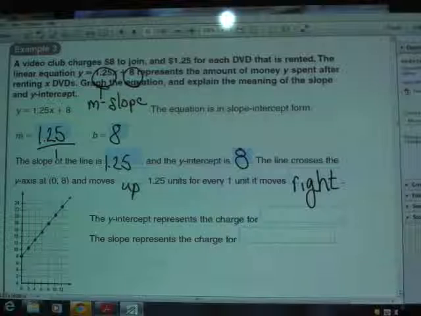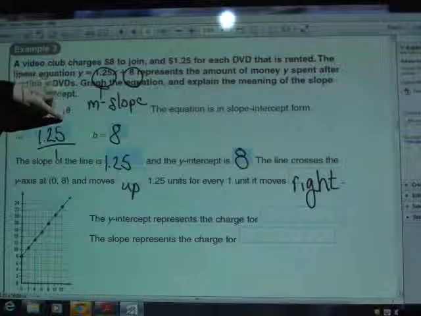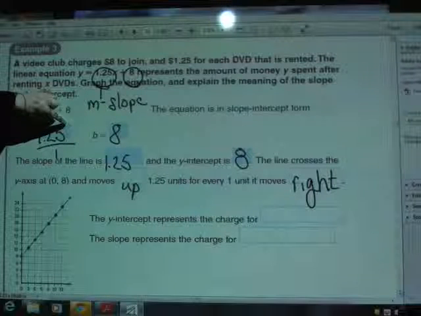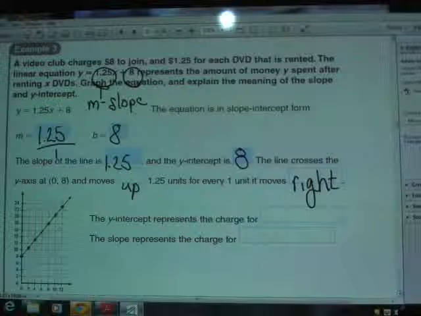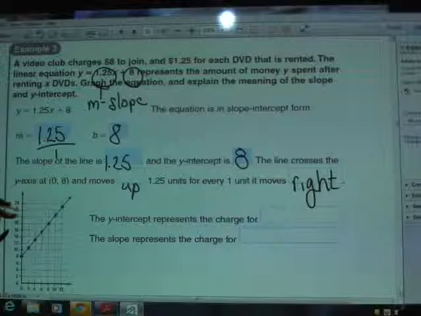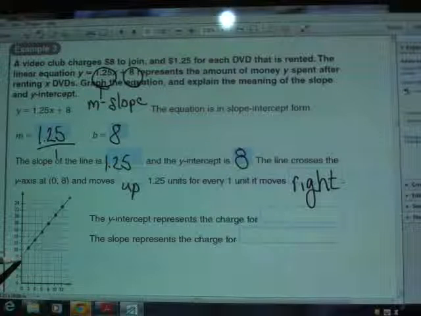When you're in slope-intercept form, like this question is, the first thing you want to do is plot the y-intercept number, which is this number here at the end when it's written correctly. So the y-intercept number here is 8. So on my y-axis, because again, it's always the y-intercept, I'm going to go ahead and put a dot at 8.